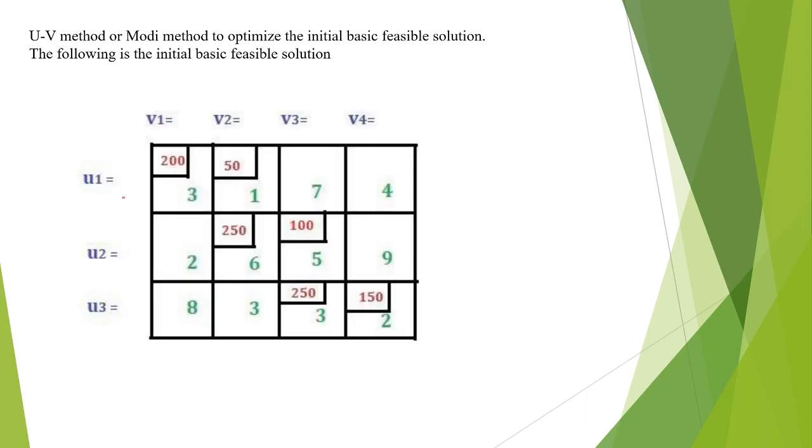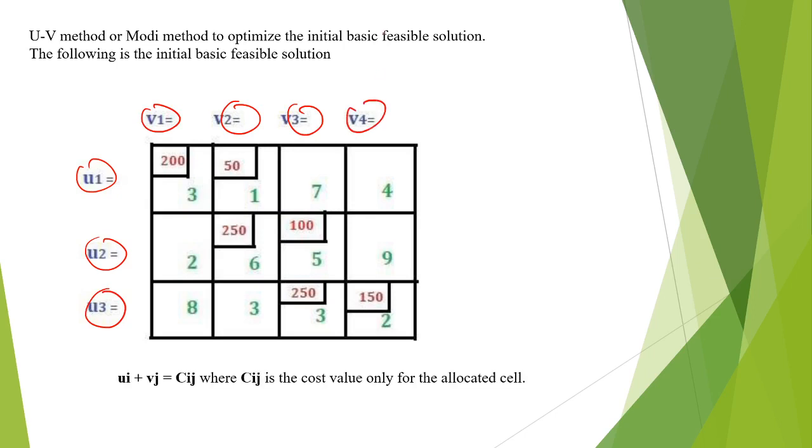Now we will consider U1, U2, U3, V1, V2, V3. We will use Ui plus Vj equal to Cij, where Cij is the cost value of the allocated cell. This is very important. So what are the allocated cells?